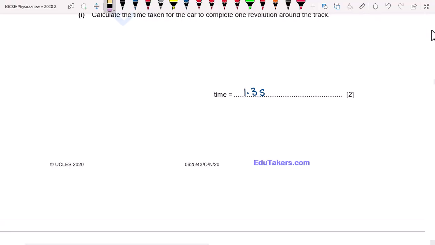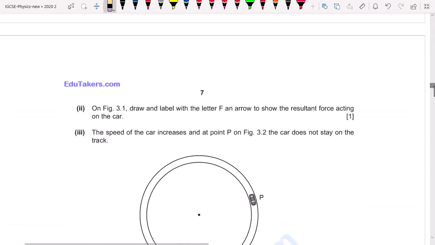Next part. Part 2. On figure 3.1, draw and label with the letter F an arrow to show the resultant force acting on the car. So we have to show the resultant force that is acting on the car.